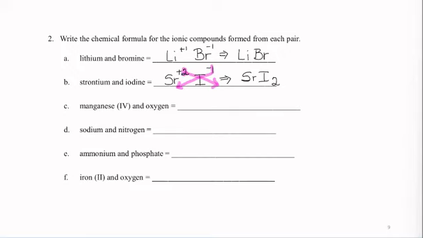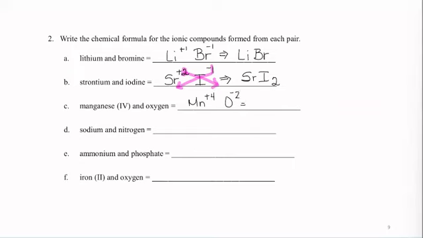Next one, manganese 4 and oxygen. What's going to be the chemical formula of that? Great job. This is Mn plus 4, O minus 2.